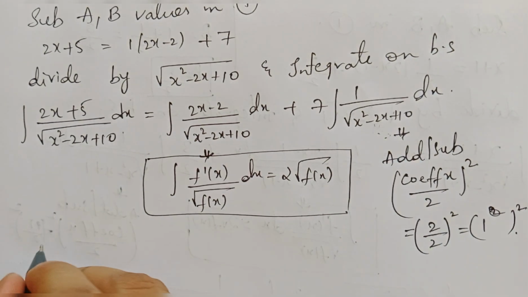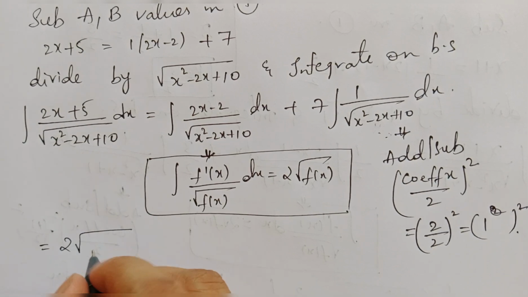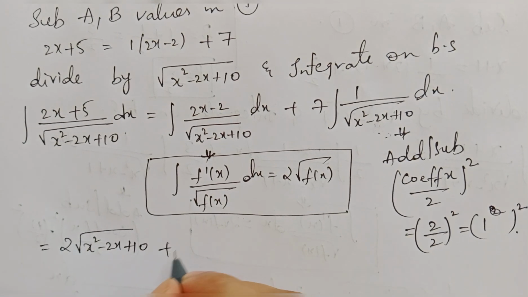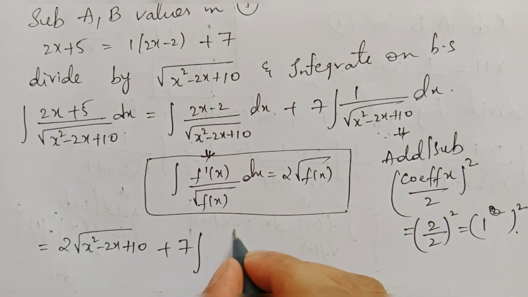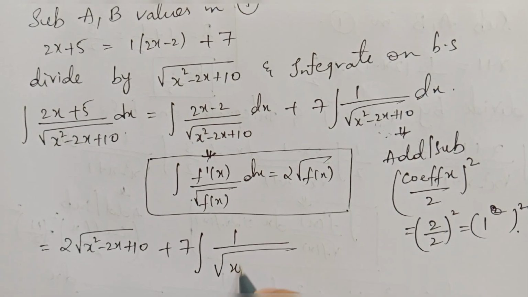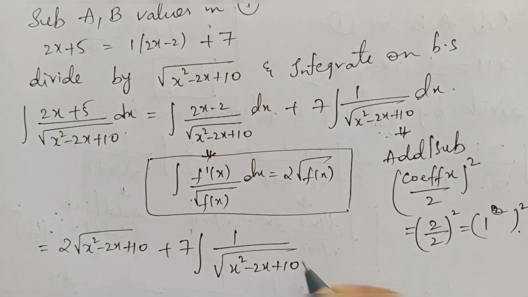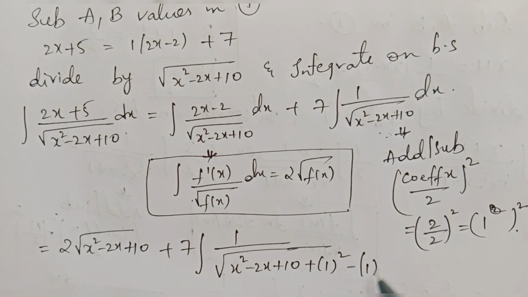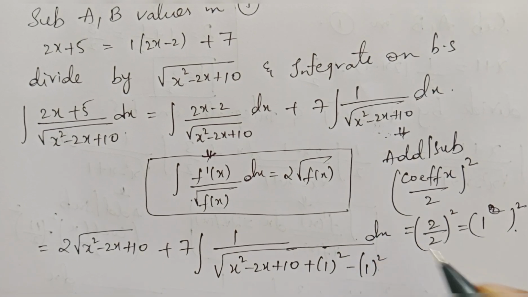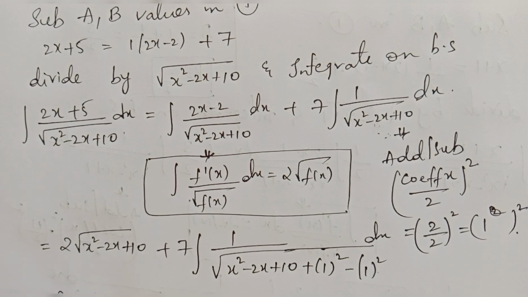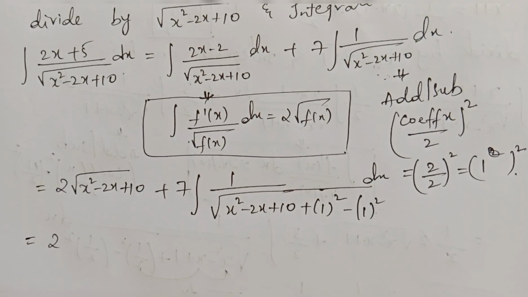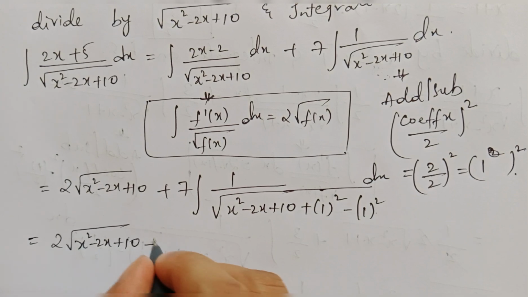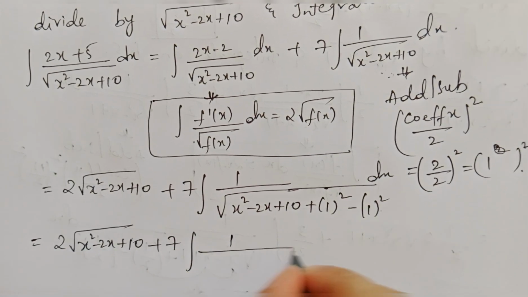So this will be equal to 2 root f of x value, which is x square minus 2x plus 10, plus 7 integral 1 by root of (x square minus 2x plus 10 plus 1 square minus 1 square) dx, okay?